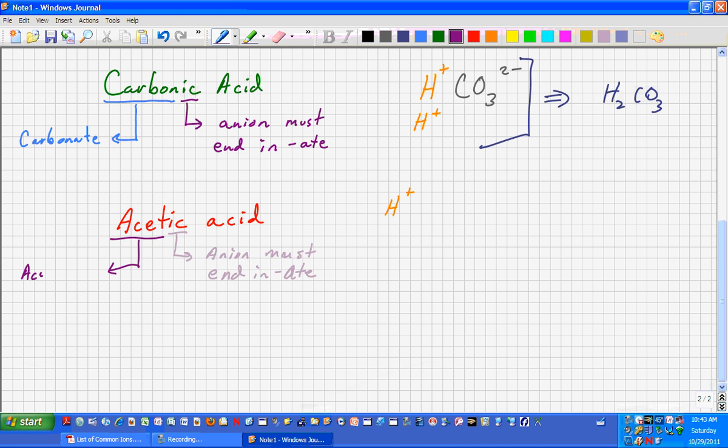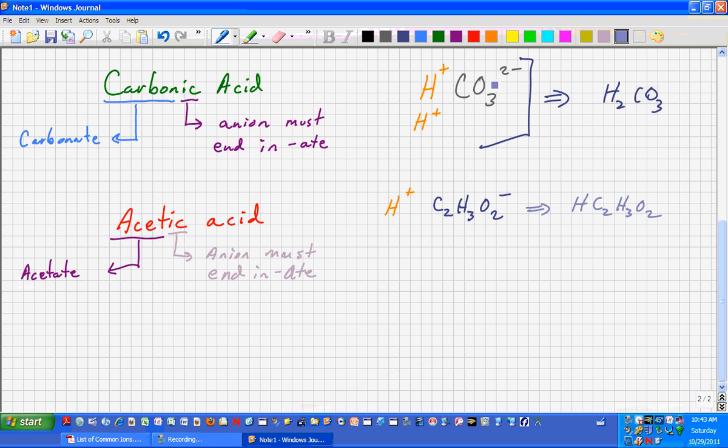It's the acetate ion, C2H3O2 with a negative. They already add up to 0, and I get a formula for this acid of HC2H3O2.